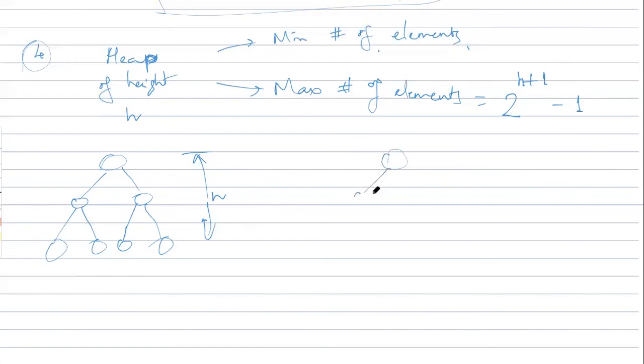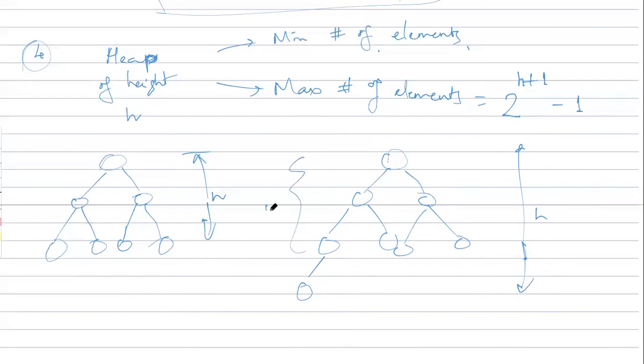What would be the case when it is minimum? How would it look? Let's say this is the h. It will have just 1 node at the last level, right? That would be the minimum number that you need. So what would be the number of elements here?